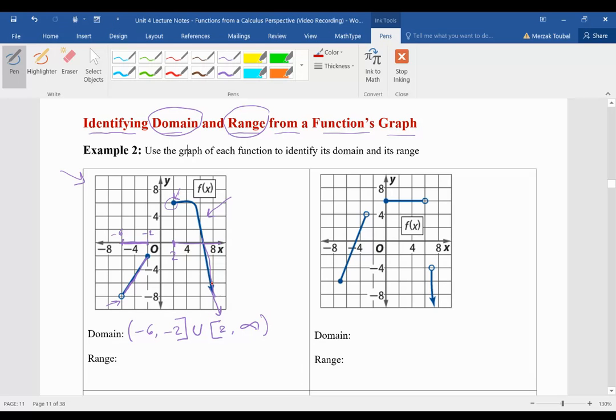Because the curve extends down to -infinity, the y values would start somewhere at -infinity. -infinity has no starting point, but we indicate that the y values extend down to -infinity. So from -infinity up to what point?